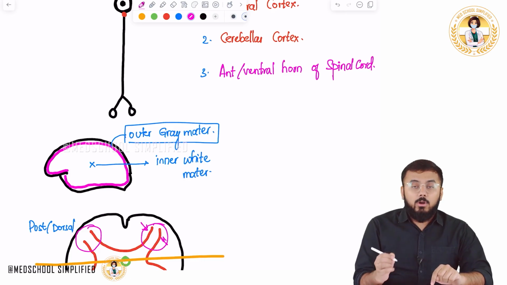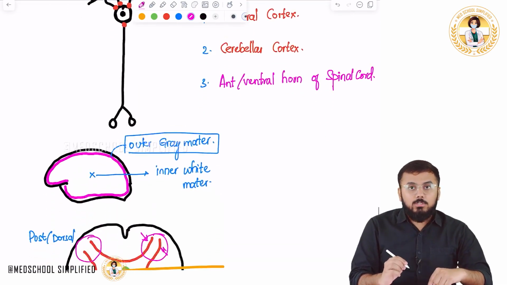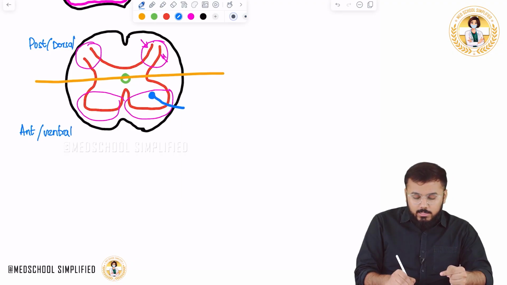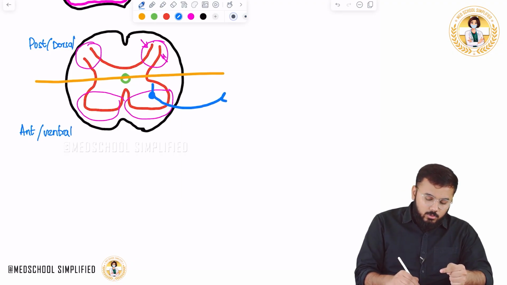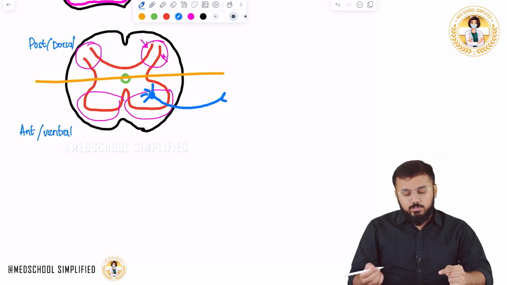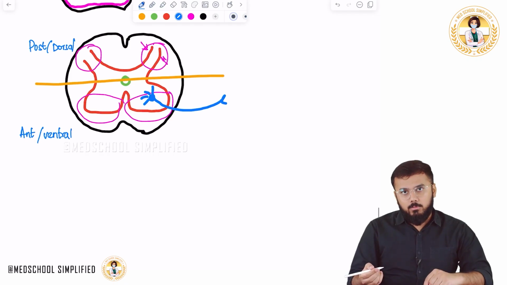The ventral horn of the spinal cord has such neurons called multipolar neurons, which means, see, there is a neuron like this, and this neuron is coming out in this way, and it has multiple dendrites. So from multiple poles of the cell body, you see these structures coming out. So obviously this is a multipolar neuron.